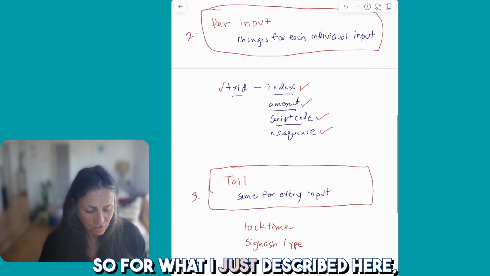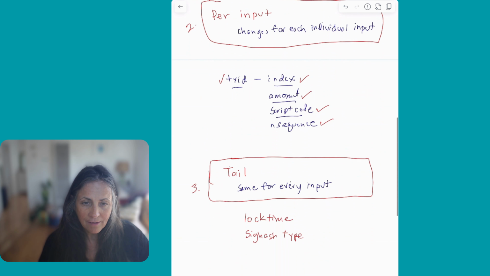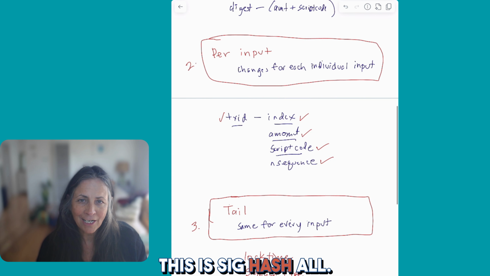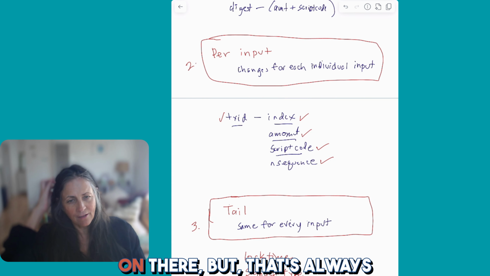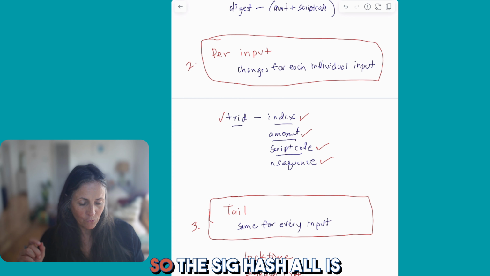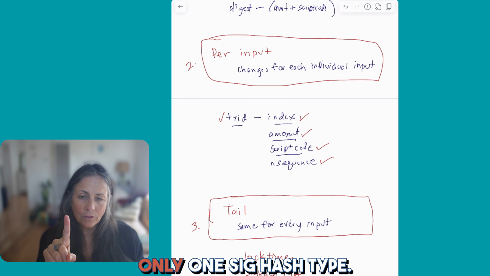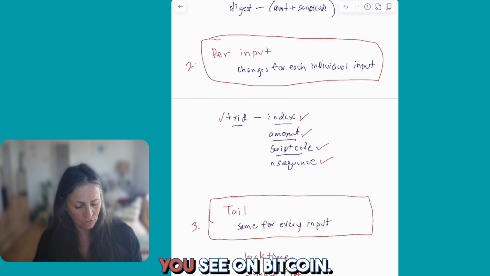For what I just described here, this is sighash all. You also have the fork ID on there, but that's always going to be the same. Sighash all is only one sighash type, but it's going to be the vast majority of transactions you see on Bitcoin.